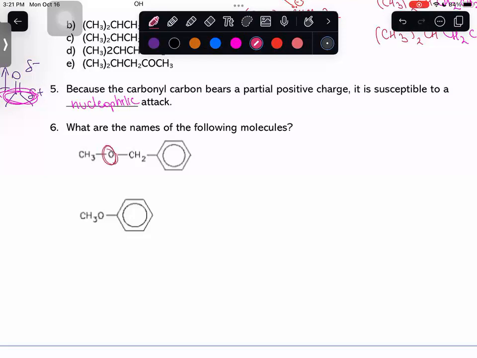Now, in this case, remember, we're looking at that oxygen. We're just going to see what kind of carbon chains are connected to it. On the left side, we only have one R group. How am I going to name it? One carbon chain. It's just methyl. On the other side, I have a benzene group, but I also have a little carbon in between. What's going to be the name?